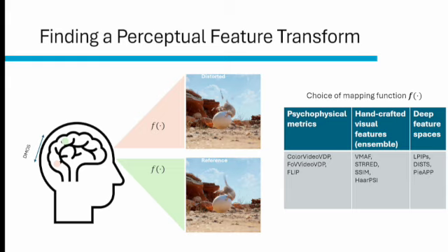They are amazing at extrapolating to different viewing conditions, but they struggle with modeling higher-order vision like motion. Handcrafted metrics are simple and super computationally efficient, but they require a lot of trial and error to come up with one. And finally, more recently becoming more and more popular are deep feature spaces.